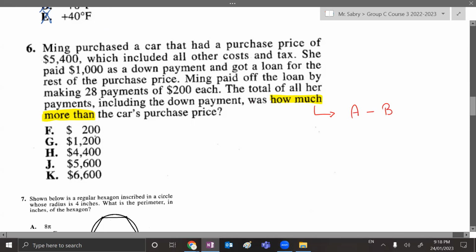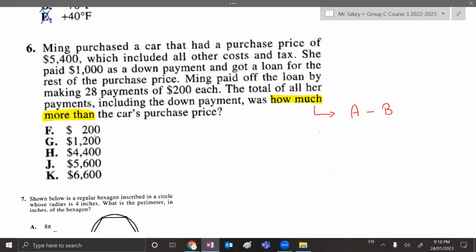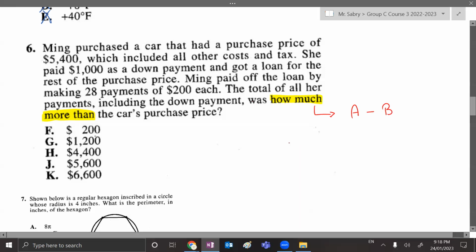If I need to know how much more money I got, I'll subtract whatever I had now minus whatever I had earlier. So if they're asking how much more the total of all her payments was than the car's purchase price, then I have to get the total of all her payments.